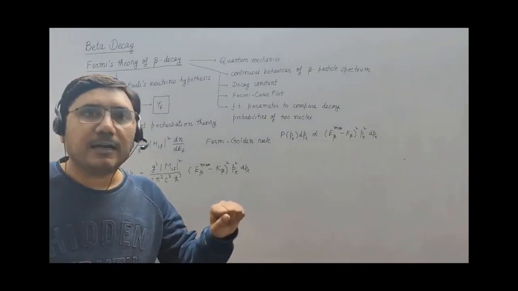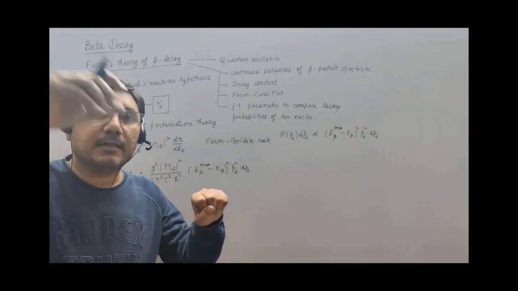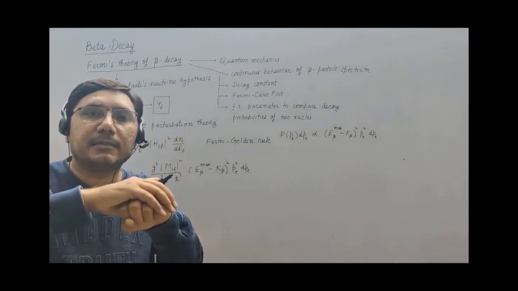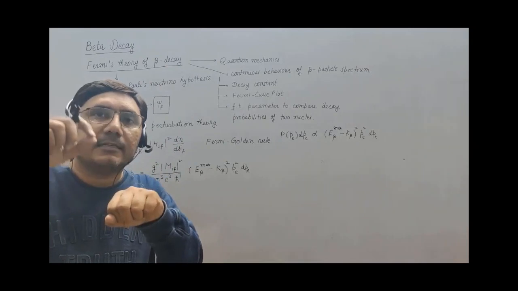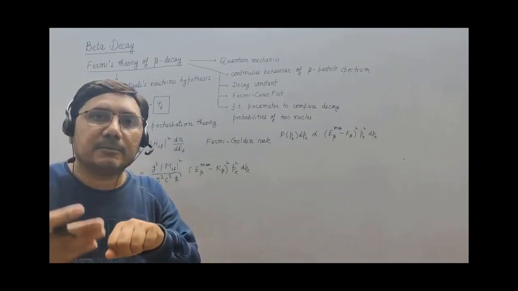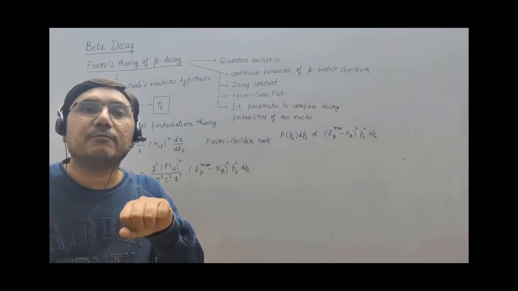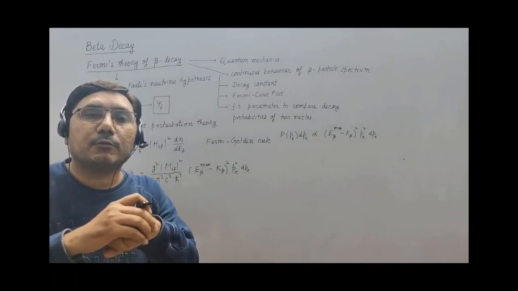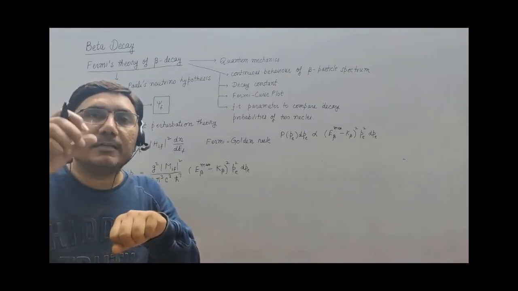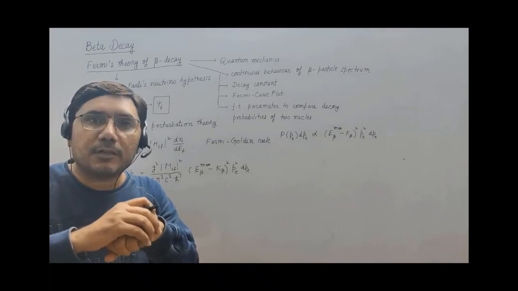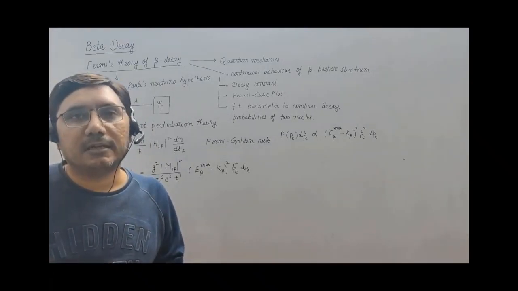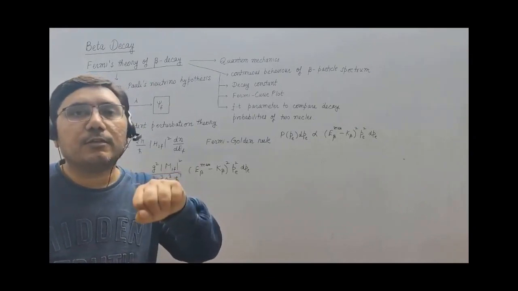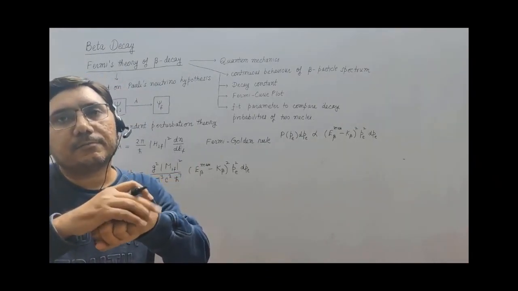When a nucleus is emitting a beta particle, behind it there will be another nucleus, the daughter nucleus. The emitted beta particle, either beta plus or beta minus, will interact with this daughter nucleus through Coulomb interaction. This nucleus carries positive charge.